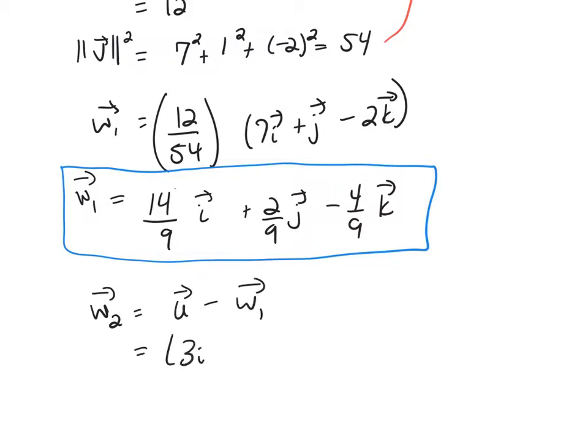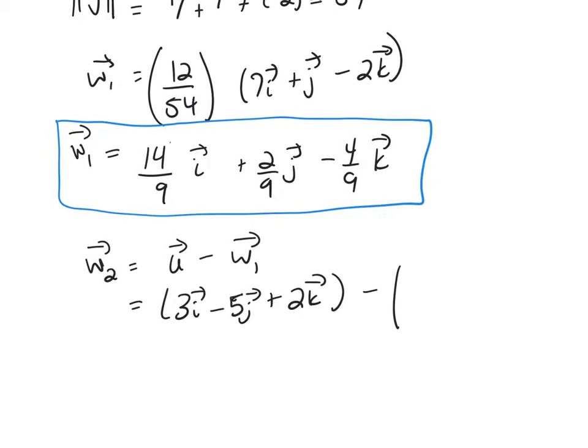So take u, which was 3i minus 5j plus 2k, and I'm going to subtract the vector W1 from up here: 14/9 i plus 2/9 j minus 4/9 k.